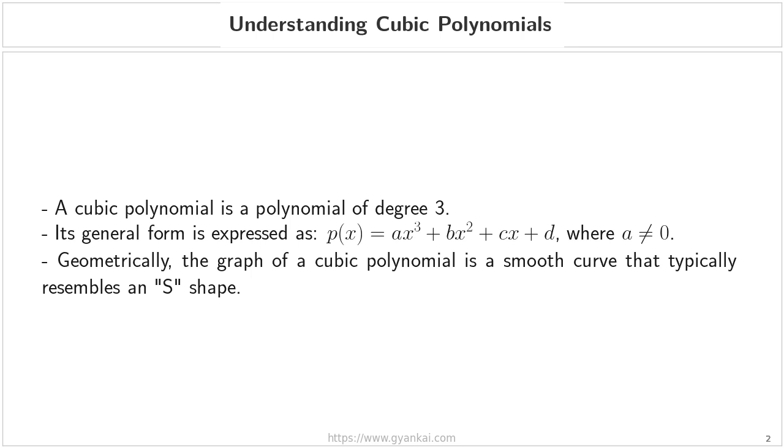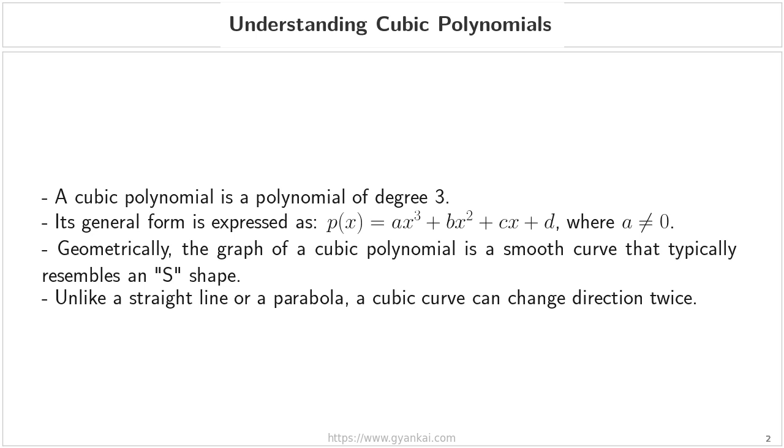Now, let's shift our focus from the algebra to the geometry. If you were to plot this equation on a coordinate plane, you wouldn't see a straight line like we did with linear equations, nor a simple U-shaped parabola. Instead, the graph of a cubic polynomial is a smooth, continuous curve that typically resembles an S shape.